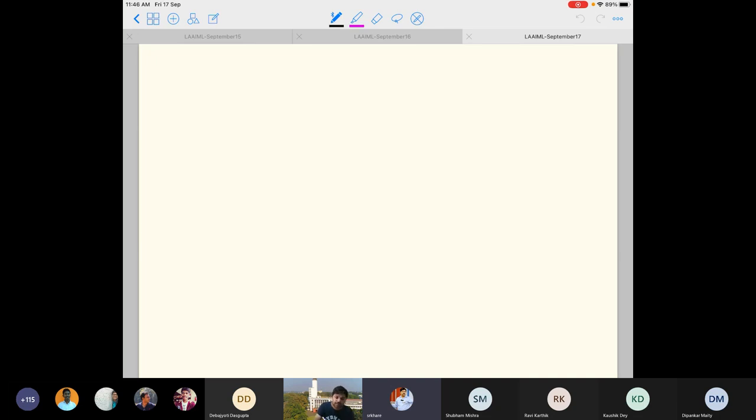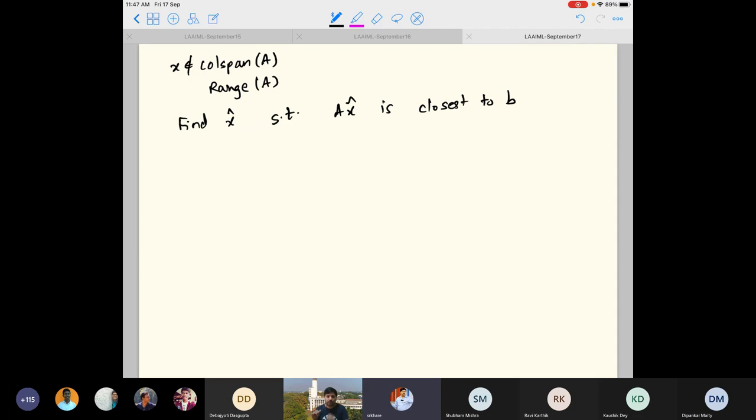We said that B does not belong to the column span of A, or we'll call it the range of A. Then find x hat such that Ax hat is closest to B. This is what we meant in words, and then we converted this into the square of the norm of Ax minus B.